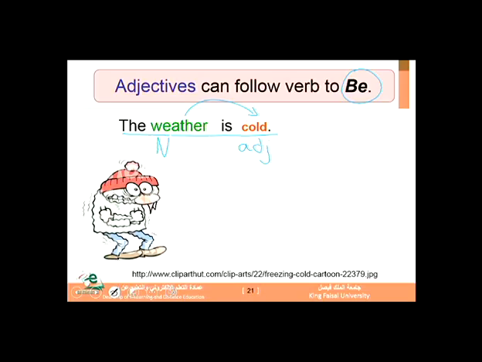But when we have a sentence that has verb to be, the adjective comes after the noun. The adjective, if you like, follows the verb to be. This is verb to be, and this is the adjective. So the word weather is the noun, is is verb to be, cold is the adjective.